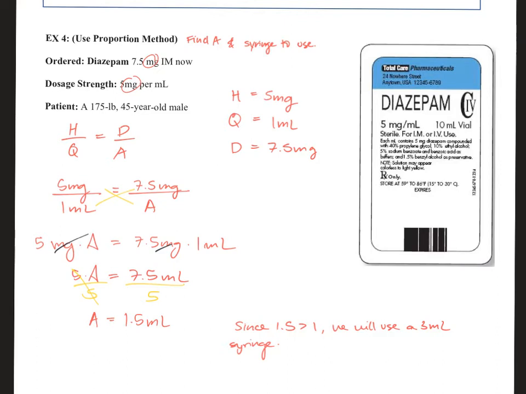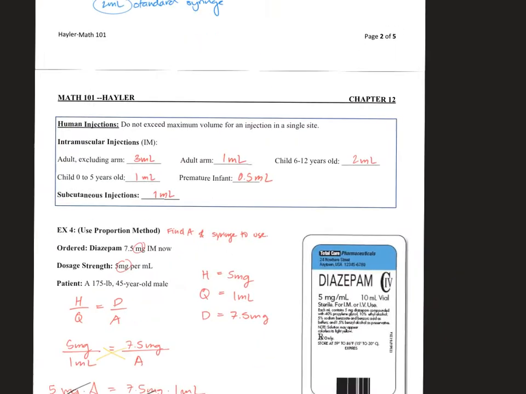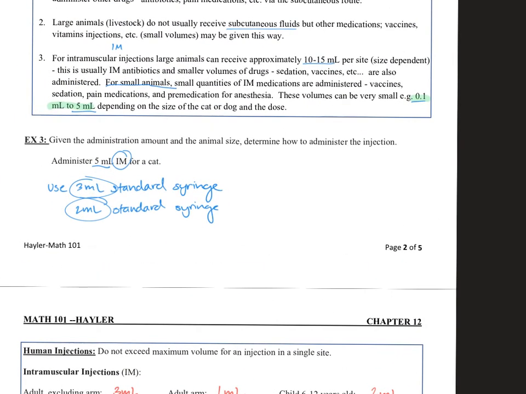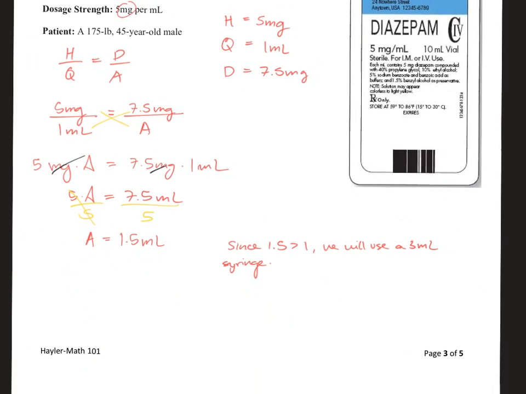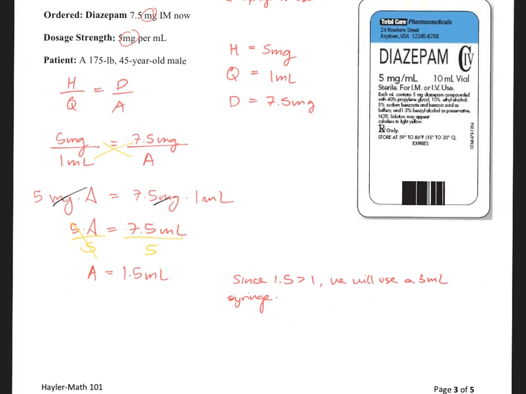And we can give this as a single injection because the person is an adult, and according to our rules for adults, 3 milliliters is the largest, and we only have 1.5 milliliters, so we can use a single injection. So since 1.5 is less than 3, we can use a single injection.